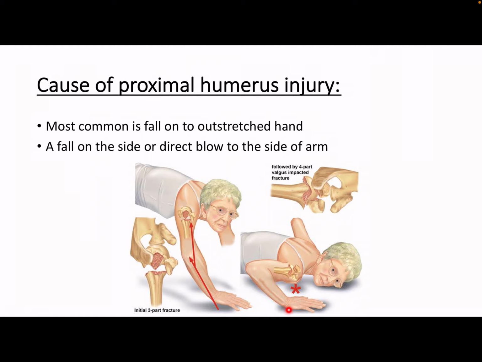The hand is now outstretched, and it led to injury to the proximal humerus bone. Either it can be an outstretched hand, or it can be a direct blow to the side of the arm.